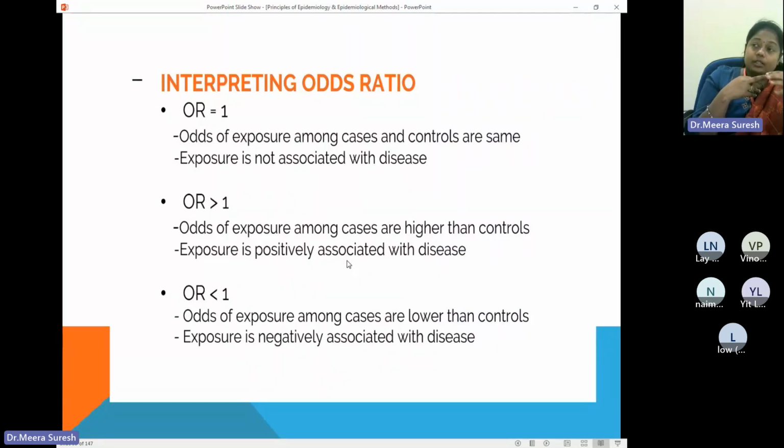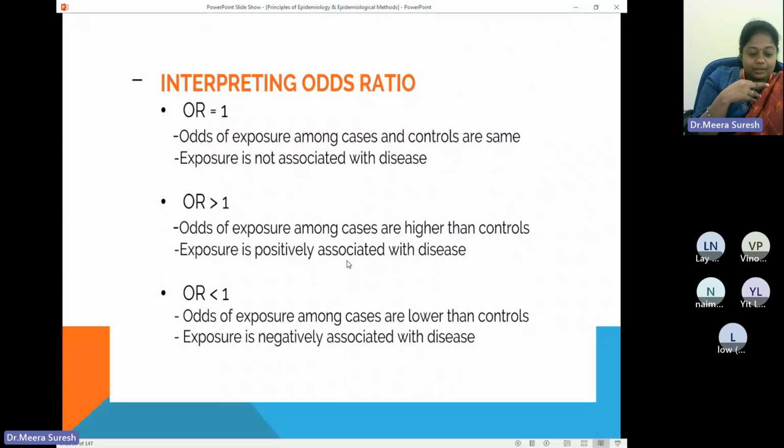Now, with your medical knowledge, you know which of these are the risk factors. But imagine a situation where you don't know anything, if it is a new disease and you are studying it newly. So you have put a lot of things from the descriptive epidemiology, whatever the researcher had put.